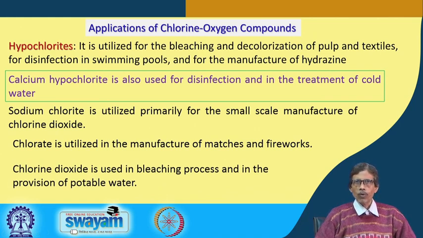Then the utilization of chlorine dioxide. Chlorine dioxide is used again for the bleaching process and in the provision of potable water. If we can kill the bacterial growth or fungal growth or any other contamination, such as dye material or other small organic molecules present in the water, we can destroy all of them by safe use of chlorine dioxide, instead of using direct chlorine gas in presence of some medium, whether slightly acidic or basic.